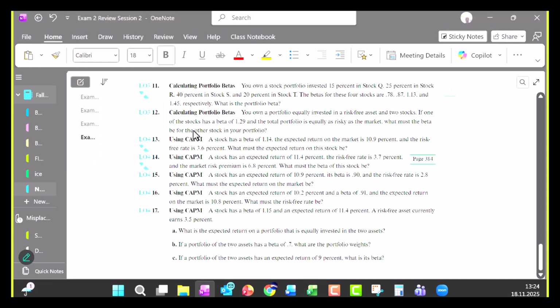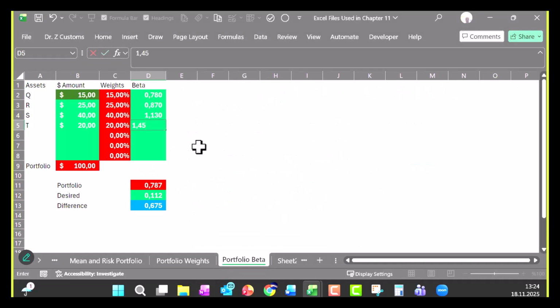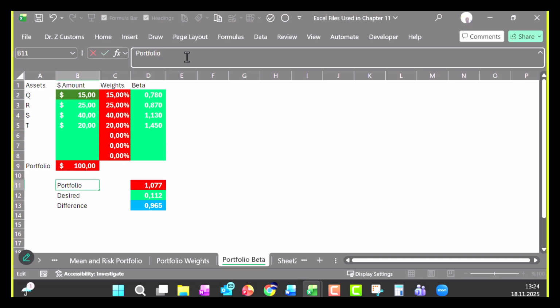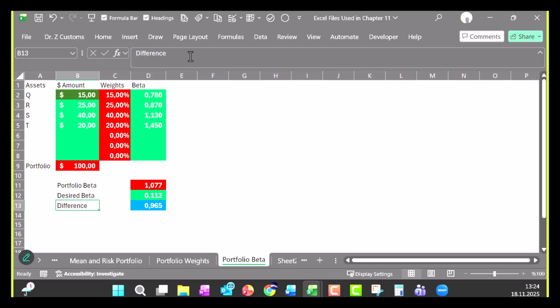Now, 145. As I said, mathematically it's the same problem, but the tagging is different. So that's the portfolio beta because it's the weighted sum of the weights and the individual betas.